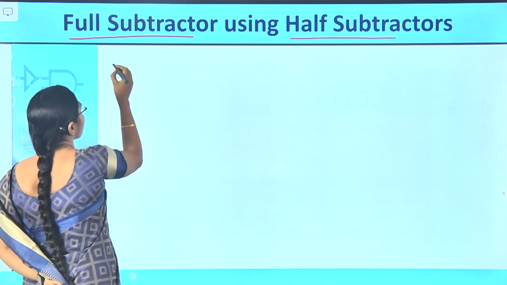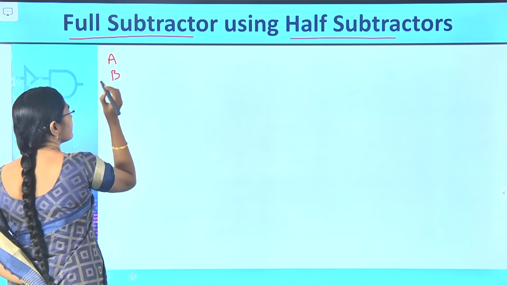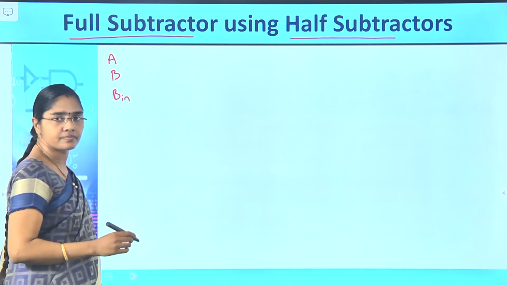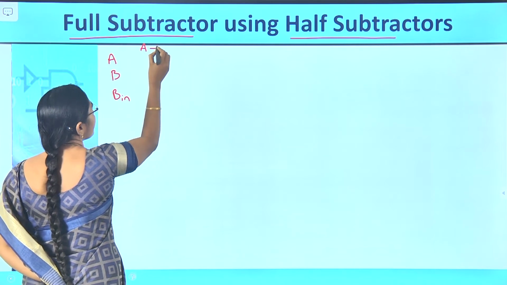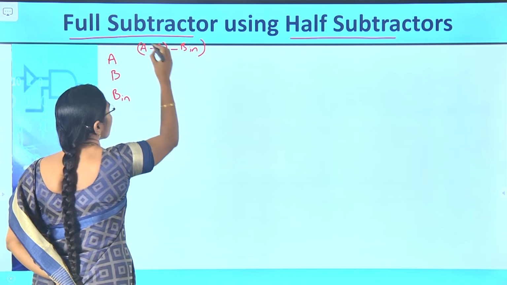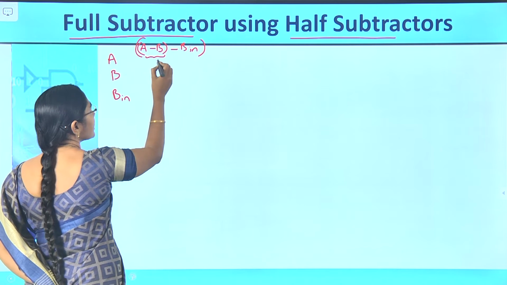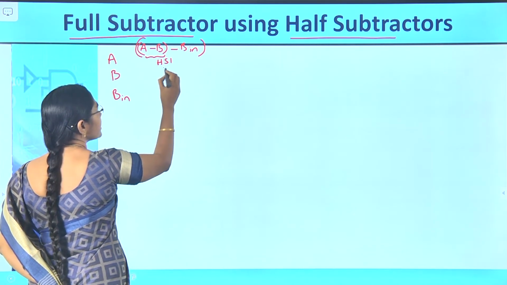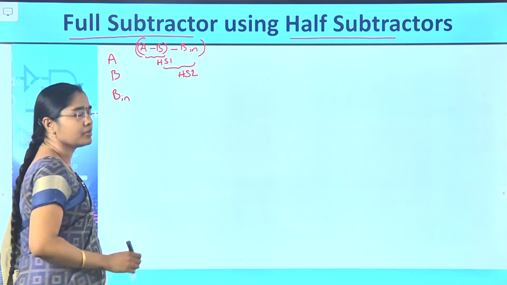See what we are doing in the full subtraction: A, B, B in. We have taken 3 inputs. So what is our full subtraction operation? A minus B minus B in. This is our operation actually. So for doing A minus B, one half subtractor, and for doing the subtraction of B in from the output of the half subtractor, another half subtractor will be used.